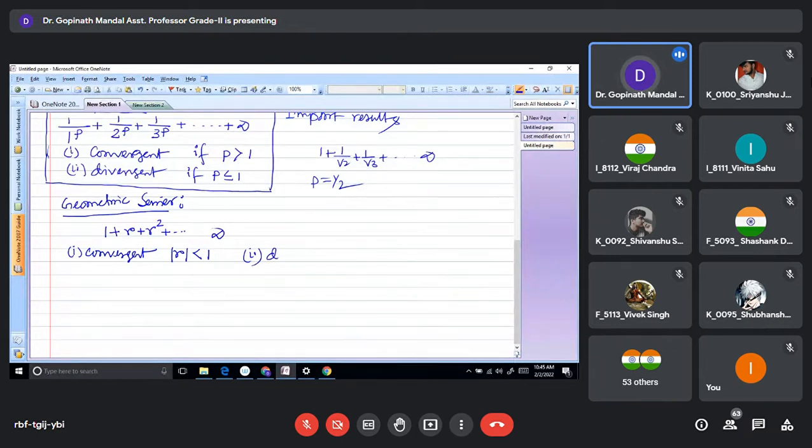Second, it is divergent when mod of r is greater than or equal to 1. So for the geometric series, these are the results. These two results are very important.